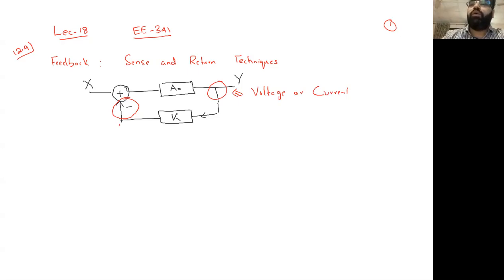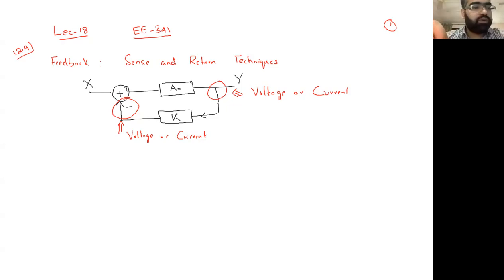Same thing, when we want to feed back to the circuit, the input signal can be either a voltage or a current. So we can have all four combinations, which we just discussed: the current amplifier, the voltage amplifier, the transconductance, and the transimpedance. So our sense and return can have all these four combinations.